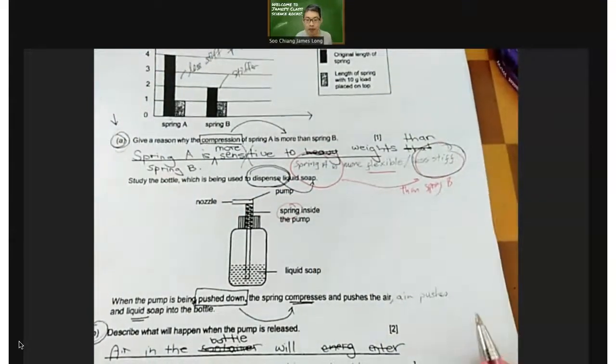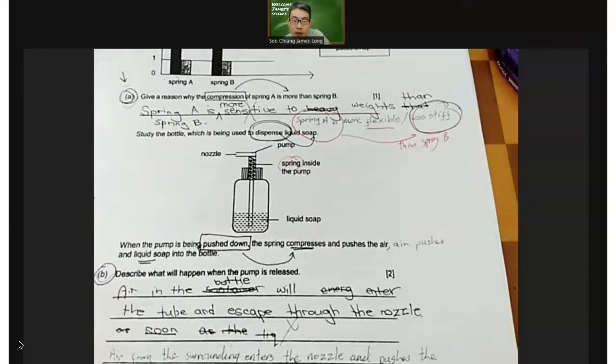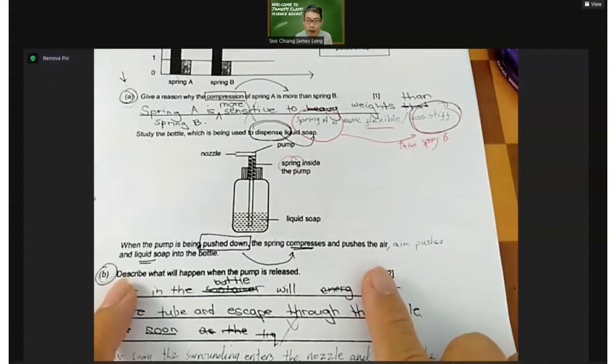Now, interesting, because you don't need to know the mechanism of this, and it's actually not so simple to describe. But if you have used any of such kind of liquid soap before, you need to use your experience to explain this. And when you use your experience, you know this does not happen.